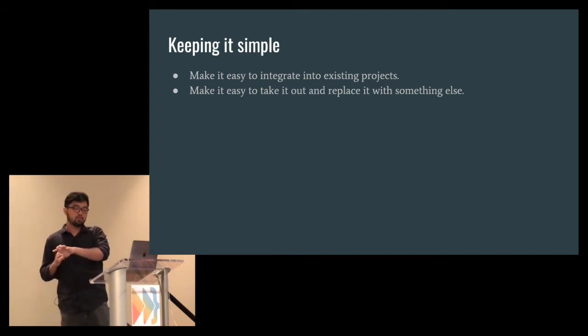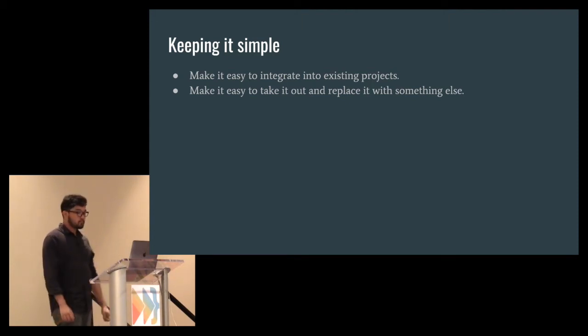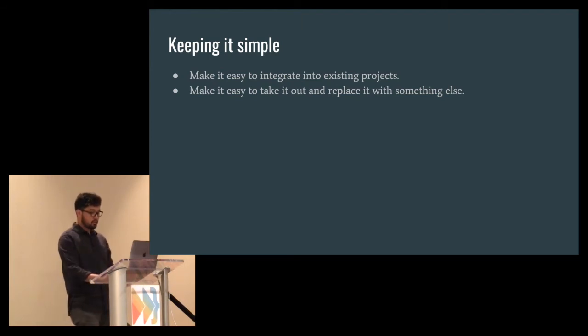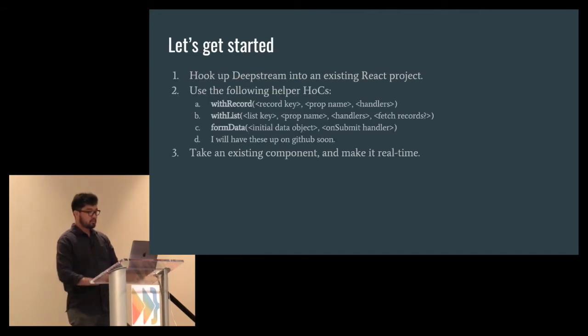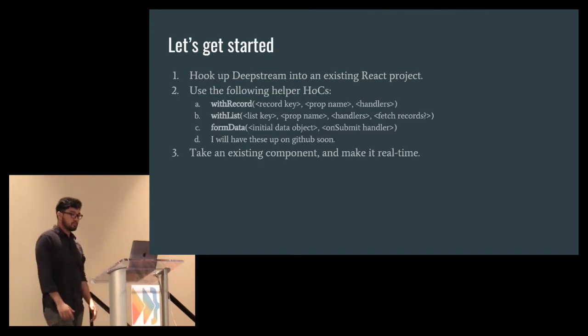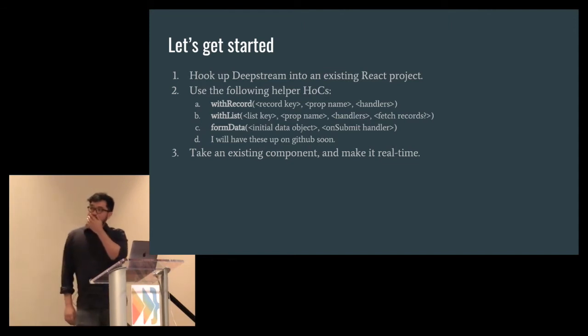So if I want to one day switch out React with Inferno or Vue, then I'm not tied down to the React API. Cool. Am I going kind of fast? Okay, so let's get started.